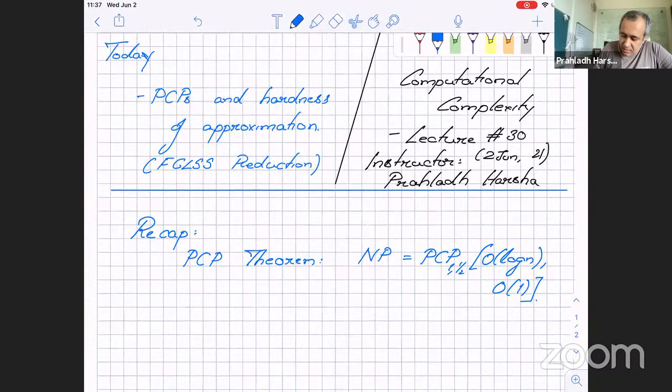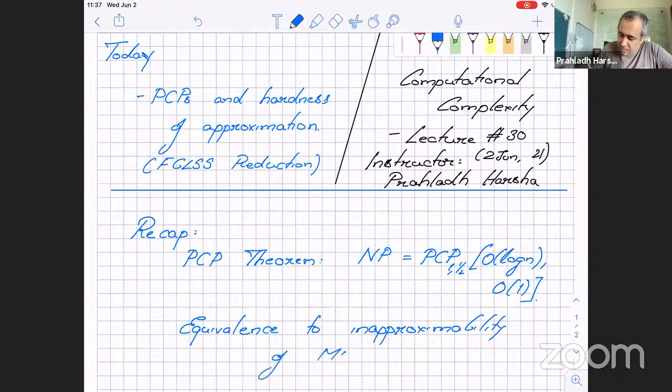Then we saw its equivalence to inapproximability of max 3 SAT.